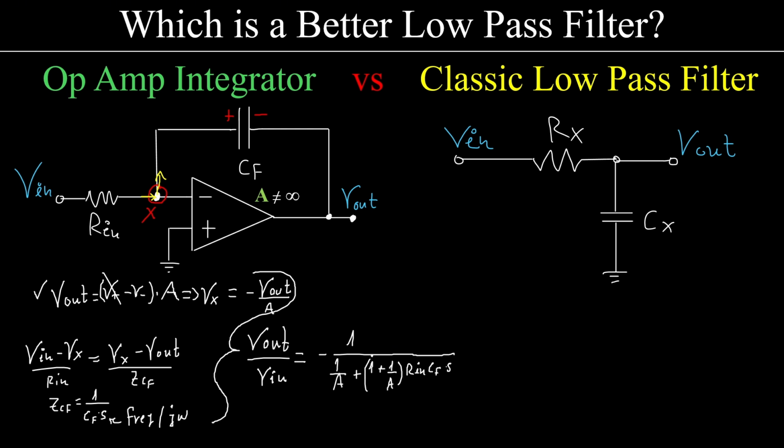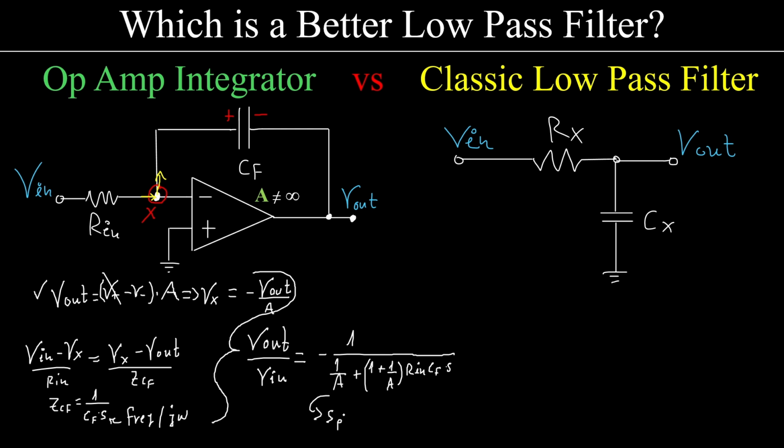Now we can clearly see that we have one pole in the system, alright? How much is the pole? I simply divide everything with this factor over here, so the numerator and the denominator. This will reduce to 1, and this will be the pole.